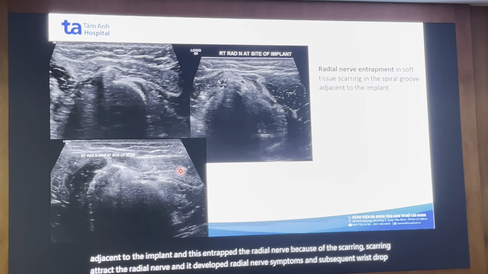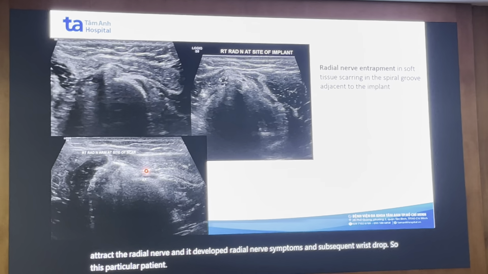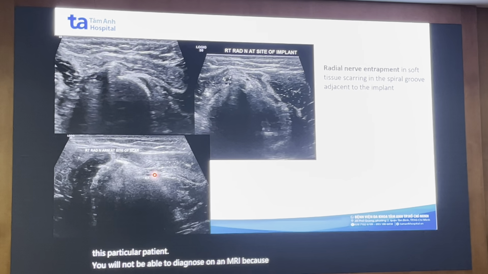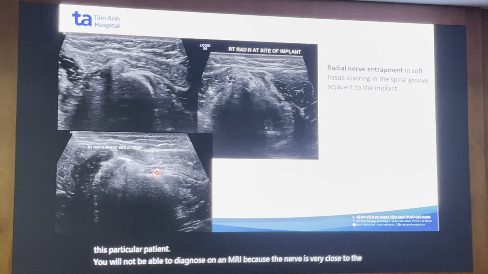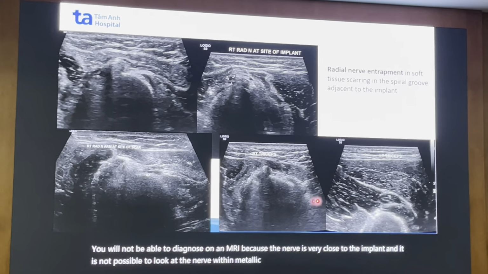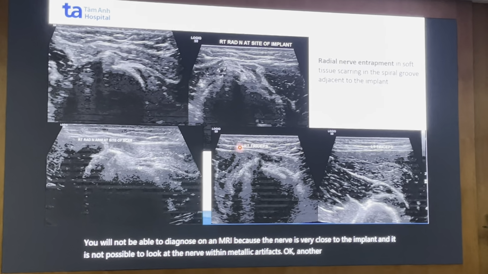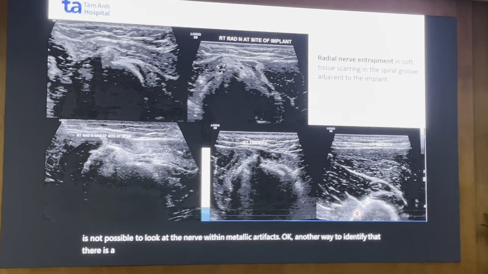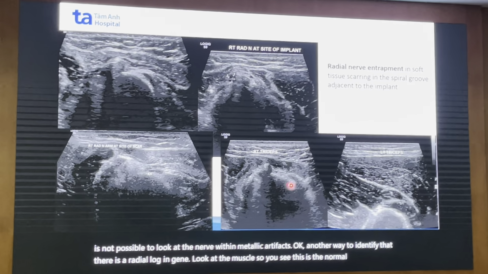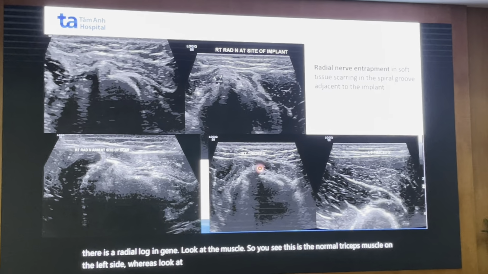So this particular patient you will not be able to diagnose on an MRI because the nerve is very close to the implant, and it is not possible to look at the nerve with the metallic artifacts. Okay. Another way to identify that there is a radial nerve injury is to look at the muscle. You see this is the normal triceps muscle on the left side, whereas look at the triceps muscle on the right side.